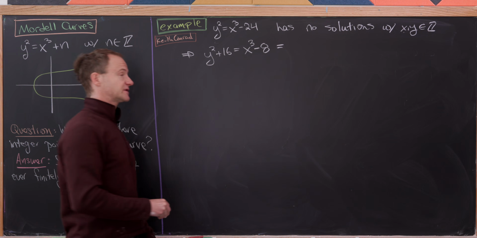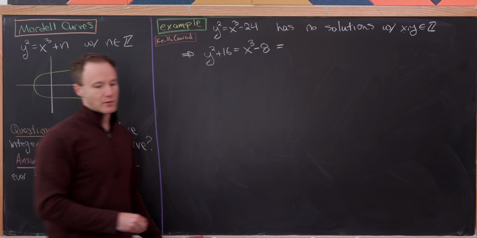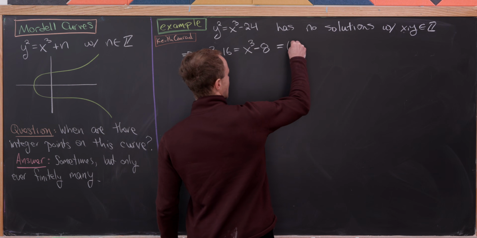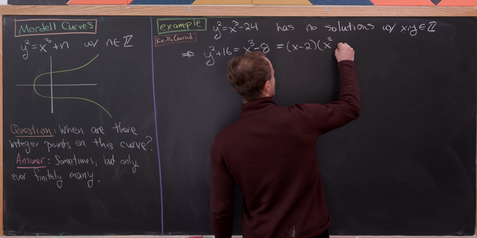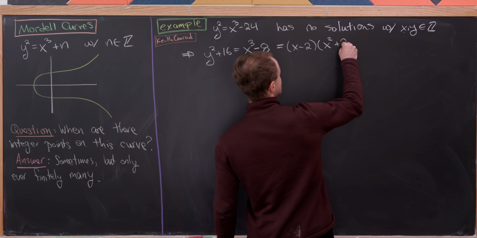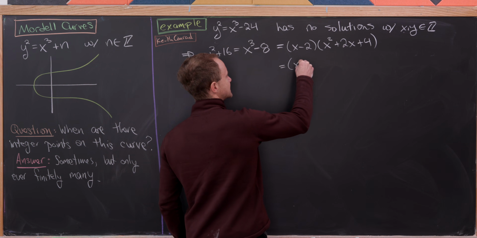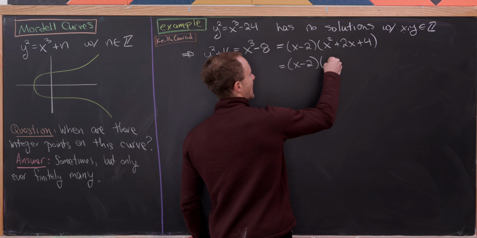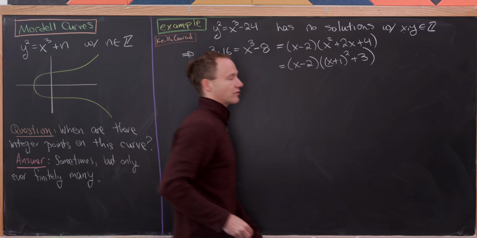So there, we've got a difference of cubes on the right. But now we can factor that right-hand side: x minus 2, times x squared plus 2x plus 4. But I'm going to write this as x minus 2 times (x plus 1) squared plus 3.